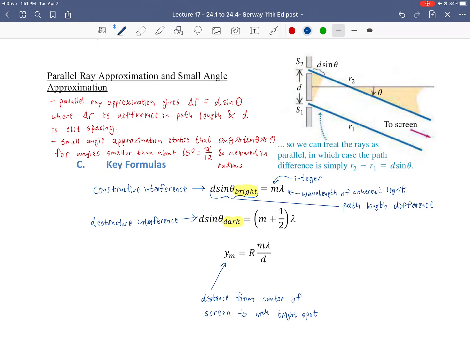Now, why would I give you this specific formula and not give you an equivalent one for the dark spot? Because you can think of it as just an example. And why is it from the center of the screen? Well, because the center of the screen is kind of our 0 point.